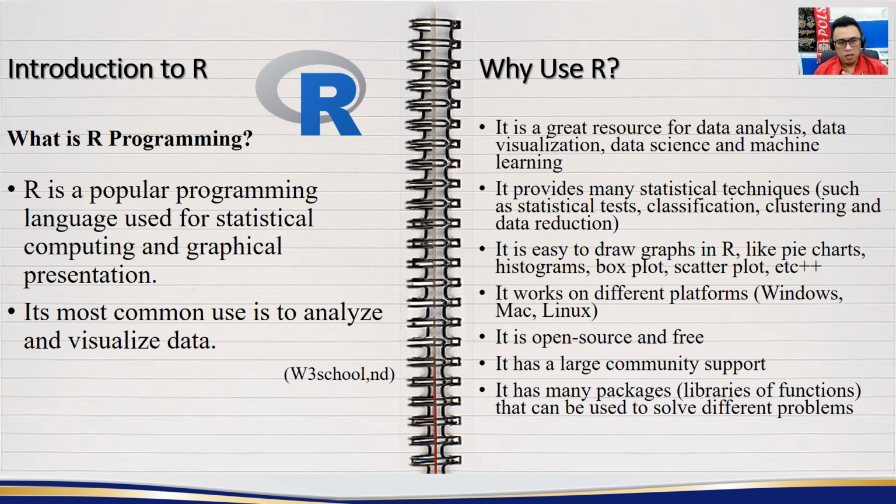There are so many large communities that support R. If you have questions about how commands are used, or the interpretations of the output or outcome of your source code, for example, if you are utilizing advanced machine learning algorithms, there are so many communities online that you can ask or do research with about all of this. It has many packages, libraries, or functions that can be used to solve different problems, from basic statistics to advanced machine learning algorithms that are utilized for data science.